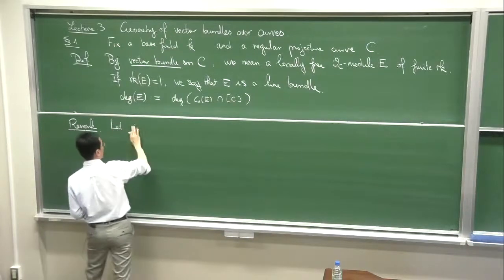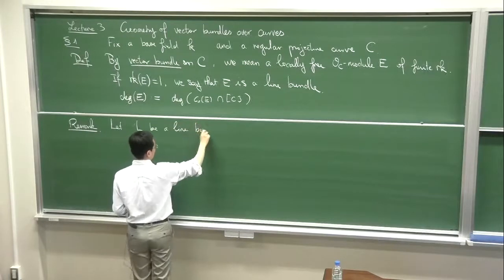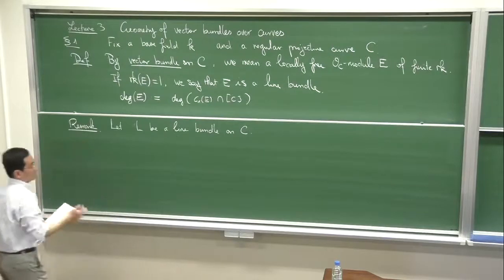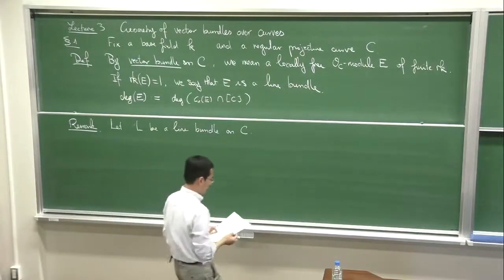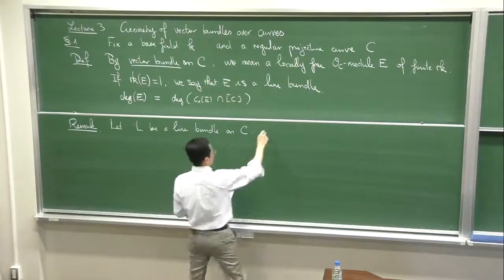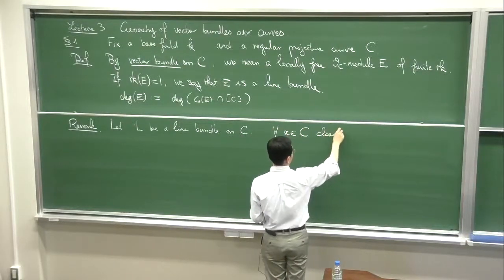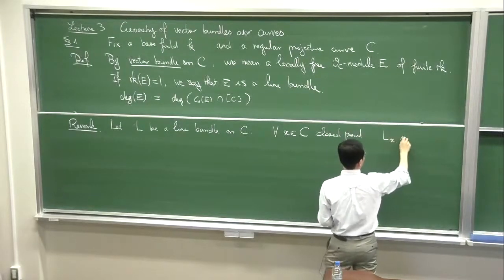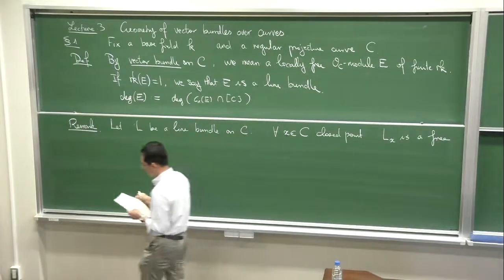Let L be a line bundle on C. It is an invertible sheaf because locally it is free of rank 1. So for any closed point x, L_x is just a free module of rank 1.